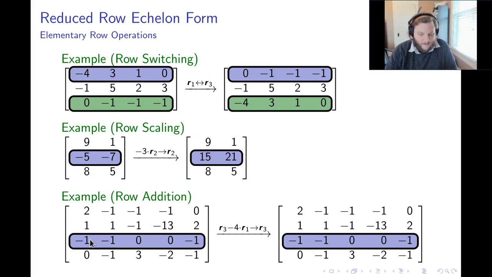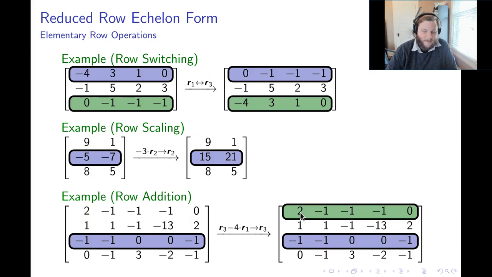So here's the third row of our matrix, and the first row is right here. How does the arithmetic work? I take -1 and subtract 4 times 2, so that's -1 minus 8. That becomes -9. Then I do the same thing for all of the other coordinates in the third row.